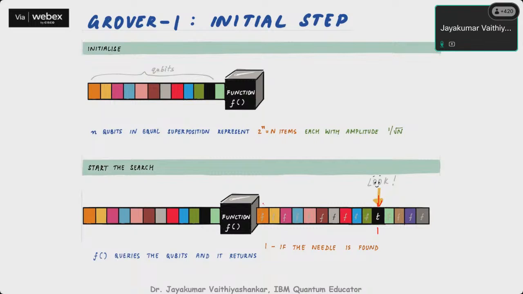If it is not found, it will return 0 for the remaining items. This is how your algorithm works. If it identifies the needle, it returns 1; for the remaining, it returns 0.